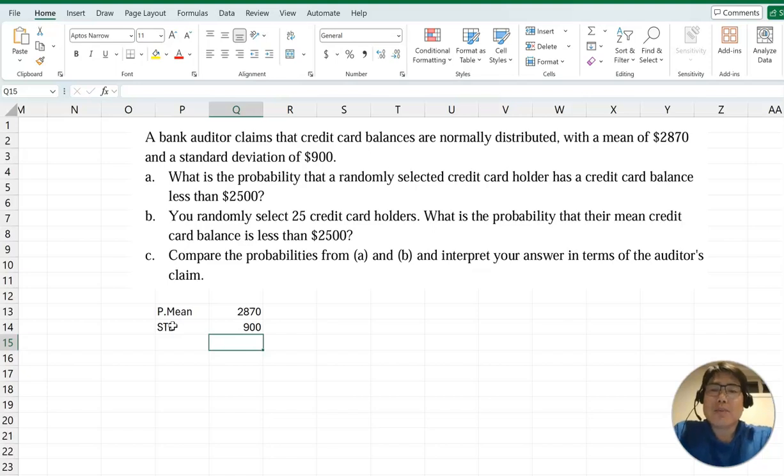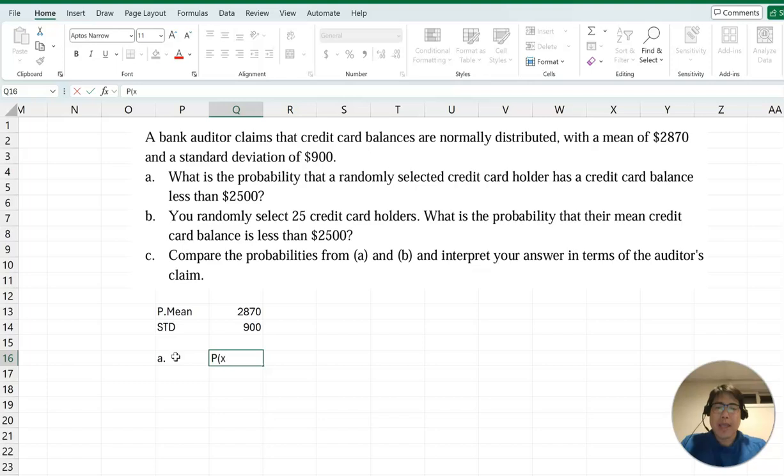What is the probability that a randomly selected credit card holder has a credit card balance less than 2500? This case is just a normal distribution. For A, I can write the probability that X is less than 2500.